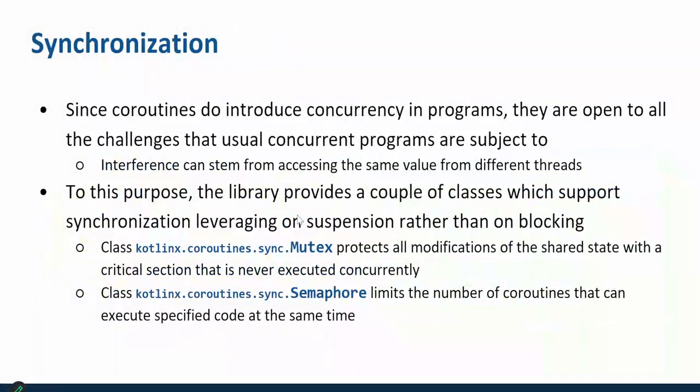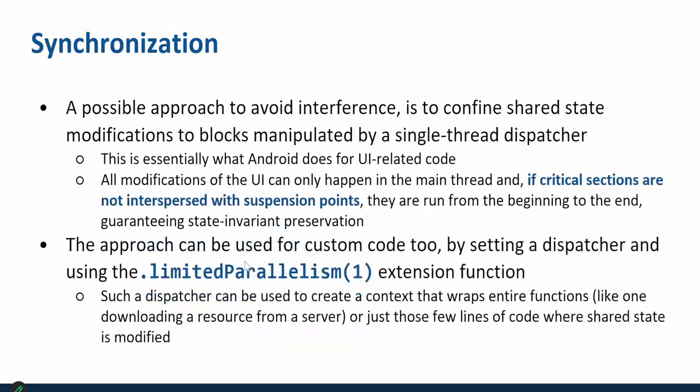And as maybe you may remember, we still are talking about concurrent programming. So even though there is a simplification in terms of synchronization mechanisms, you still have to rely on mutex and semaphore should you go for some dispatchers which allow your execution on multiple threads, or if you don't want to constrain the parallelism of your coroutines.